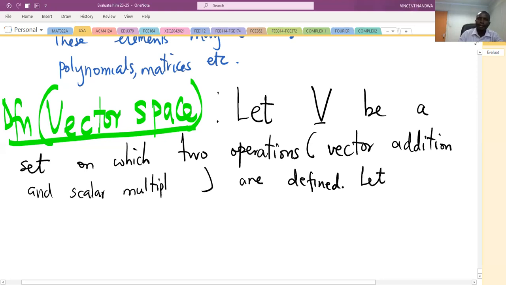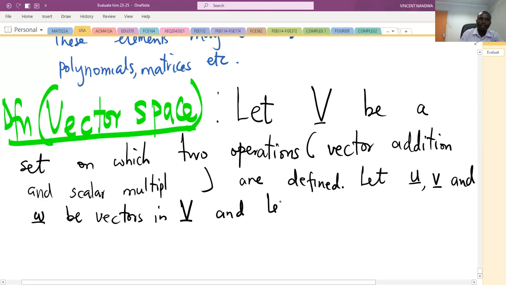Let U, V, and W be vectors in V, and let C and D be scalars.